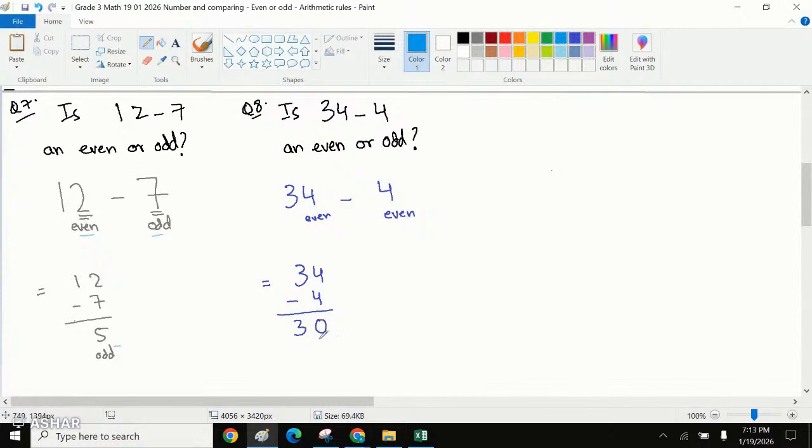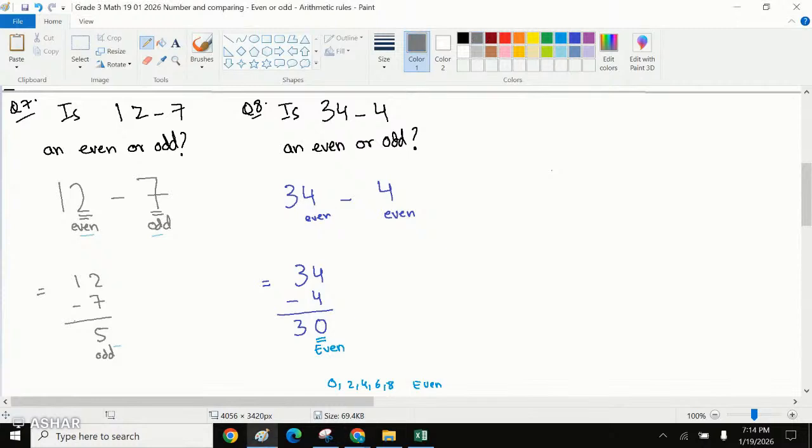And we know the rule that whenever a number ends with 0, 2, 4, 6, or 8, it is always an even number. So we can say the result will be even. Do we agree? Okay, thank you.